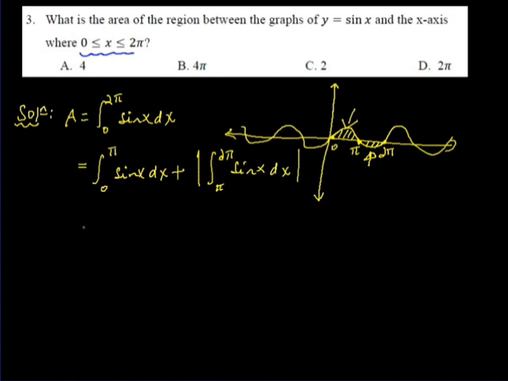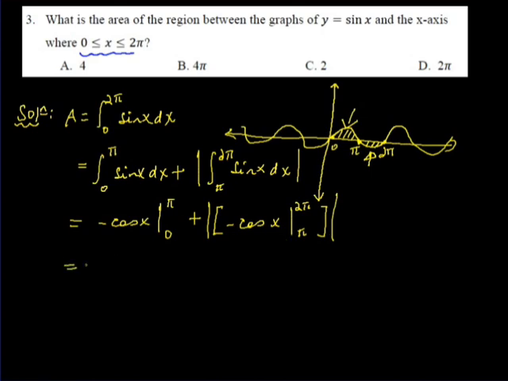Area will not be negative. So this means minus cos x is the integral of sin x. We evaluate this from 0 up to pi, plus again in the bracket we will have minus cos x. We evaluate this from pi up to 2 pi, but this term should be in the absolute value.